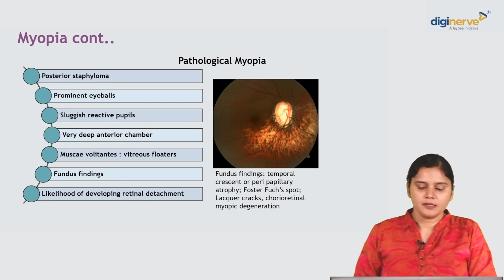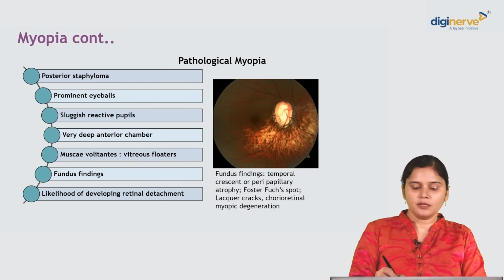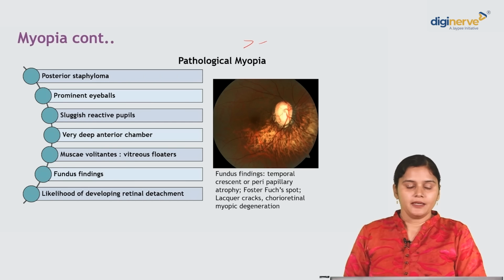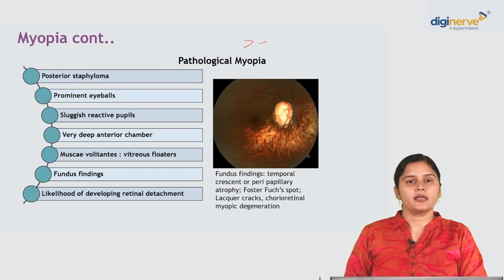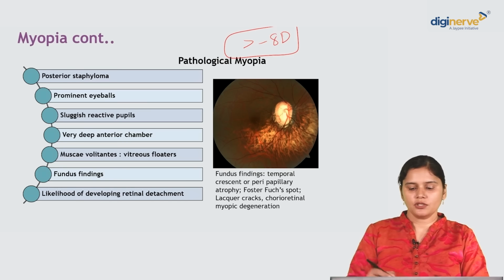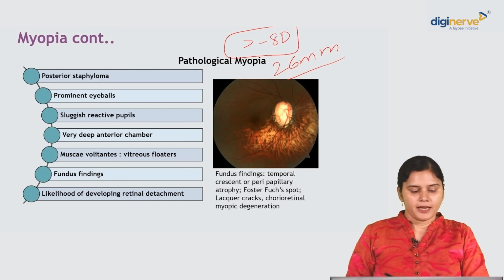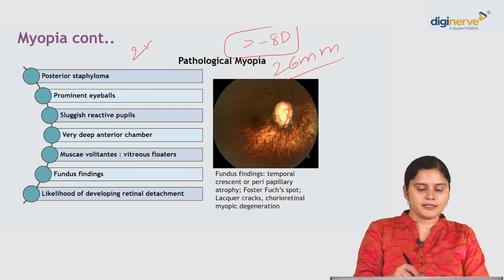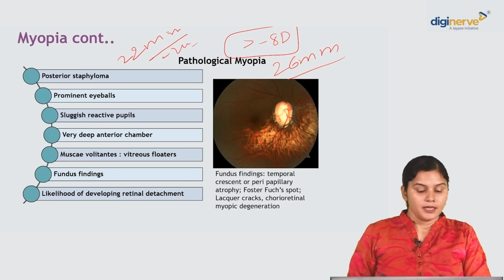So what happens in pathological myopia? Pathological myopia is more than -8 diopters of myopia. When there is more than 8 diopters of myopia, the eye is elongated too much. The axial length is usually more than 26 millimeters, while the normal axial length is around 22 to 24 millimeters.